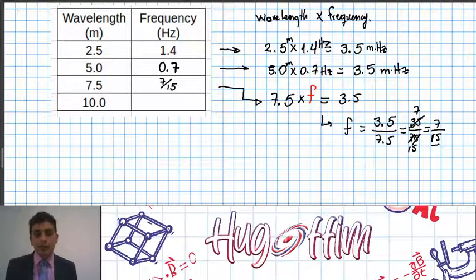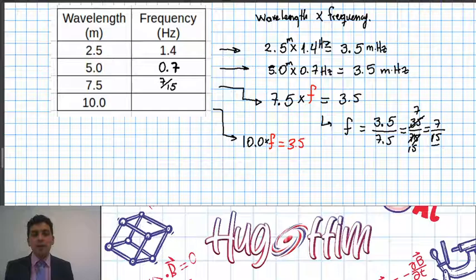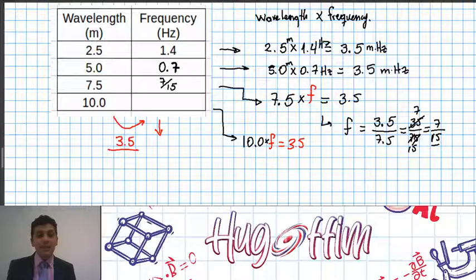And then you can ask, okay, but what happens if it's 10? So if it's 10, remember, times the frequency. And look at that, instead of always writing 10 times frequency equals 3.5, we can say that this relation is always going to be our constant 3.5 divided by the number, in this case, I'm going to write wavelength, and it's going to give you the frequency.